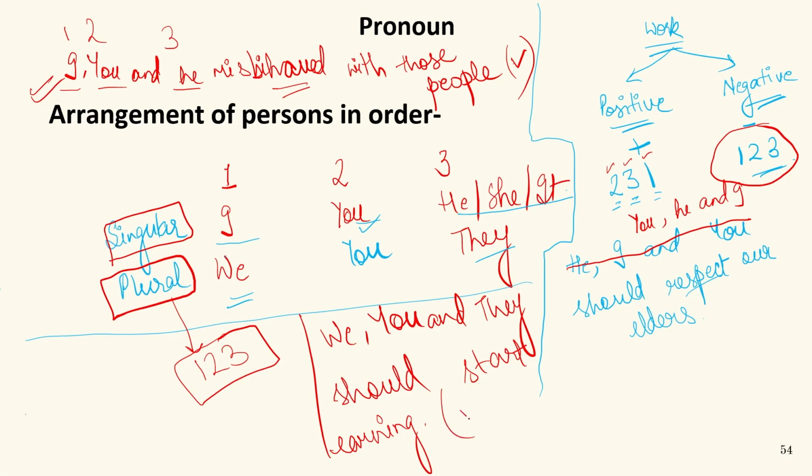So the sentence given is absolutely correct because the same pattern has been followed, that is we, you, and they, that is 1, 2, 3. So this is correct. So here we can see the order of the persons in which they should be written. I hope this is clear to you.